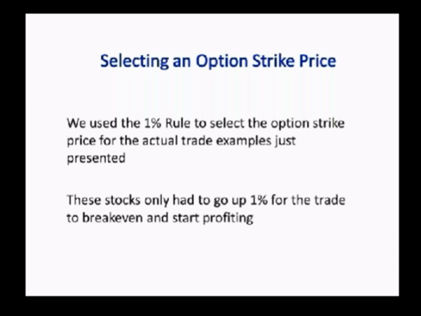So we use this 1% rule, and that deleverages options a little bit, and your percentage profit potential is less with an in-the-money call than it is for an at-the-money or out-of-the-money call, but it's a trade-off. You have a higher probability of a win on your option trade.